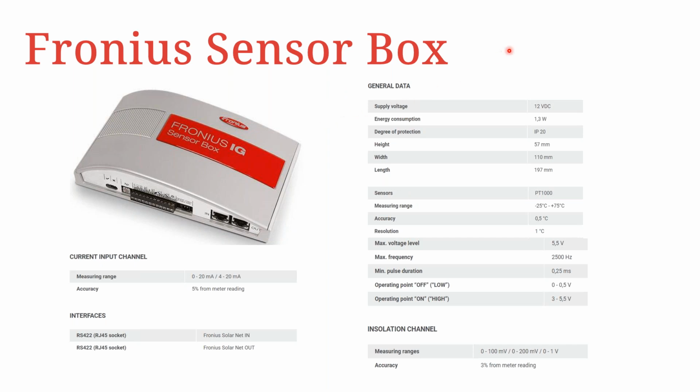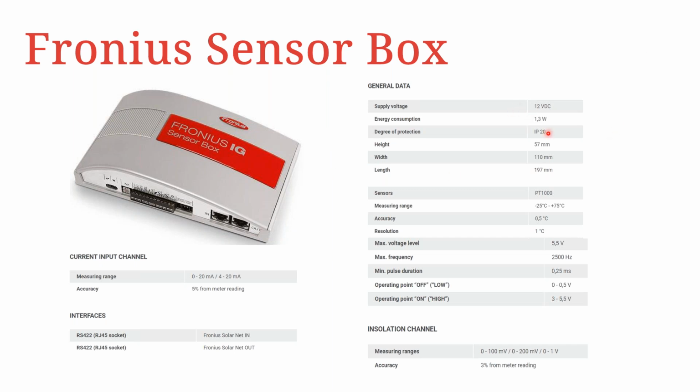Looking at the general data of the sensor box, you can integrate it outside of the inverter. What is important to note here, for instance, is that the degree of protection is only IP20, and therefore it would require some protective enclosure once you have it as part of the SolarNet ring, because the inverter is already IP65 or 66, and the sensor card, once integrated into the inverter, acquires the same degree of protection.